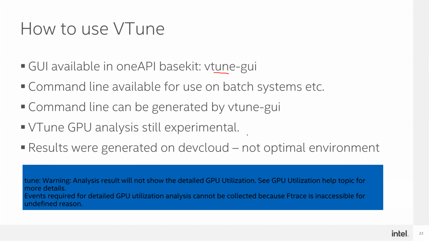The VTune GPU analysis is still experimental, so there will be some shortcomings and some new branches will not work as expected. But I think when everything is really mature, this will be a really powerful tool for analysis of your GPU performance.